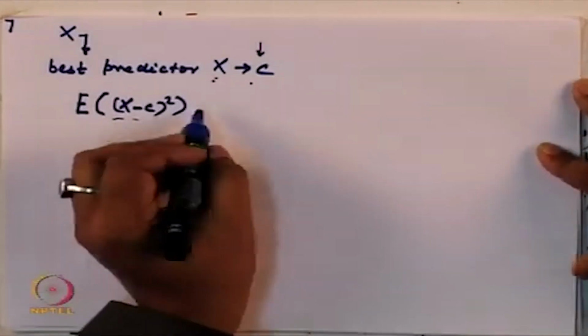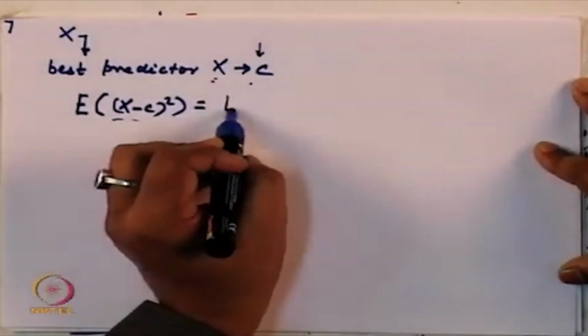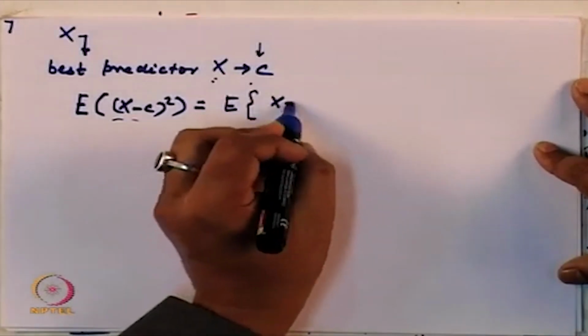Okay. So, I can write down this E of x minus c whole square, and I can expand that.